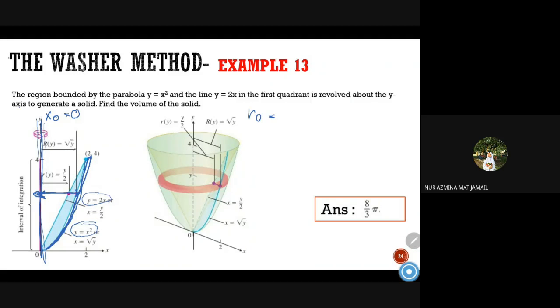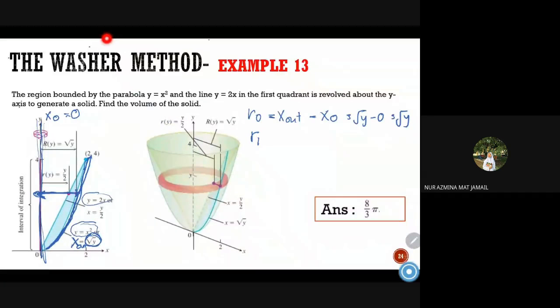So saya katakanlah saya kata kat sini x out, okay. R out is equals to x out minus with x naught, okay. So our x out here is equals to square root y. So it's equals to square root y minus 0, which is also equals to square root y.